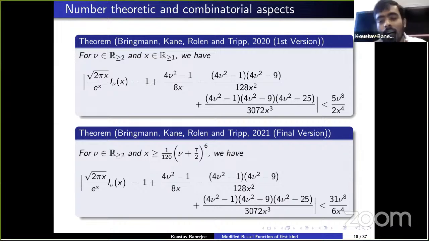Yes, actually, in the first version there was a mistake in their calculation. They obtained an inequality based on the assumption that a parameter in the function is less than 1.